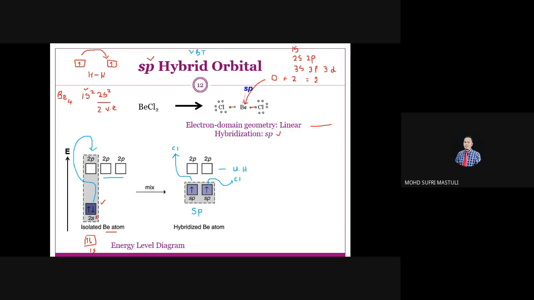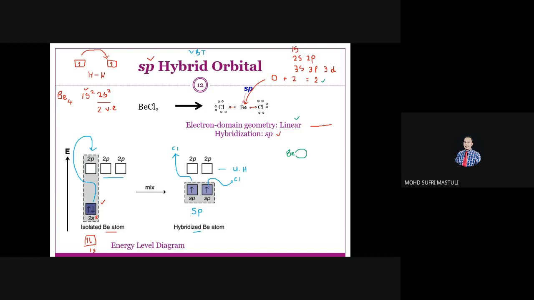Okay, so now we can draw the geometry. This one is the hybridized, this one is the isolated, isolated meaning before the mixing. To draw it, we confirm the geometry is linear because it is sp, with an electron domain of 2. So linear, with beryllium in the middle. We just draw it in a linear way.